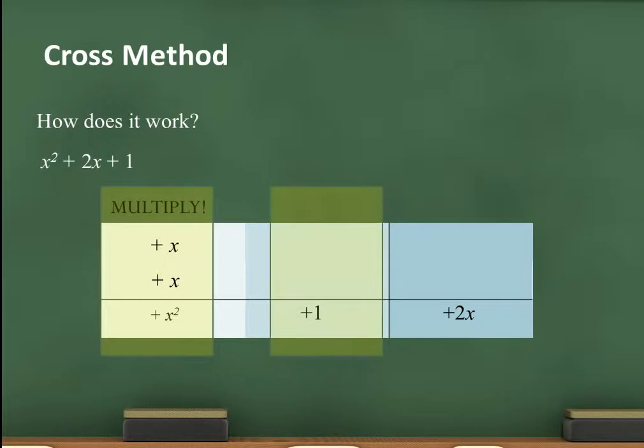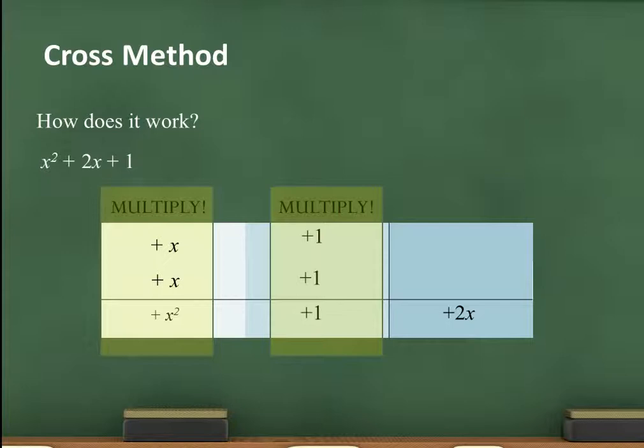In the second column, again it's multiply. Like in the first column, we break up our positive 1 into two numbers that multiply each other to get back positive 1. Since it's positive 1, there's only one answer: positive 1 and positive 1.